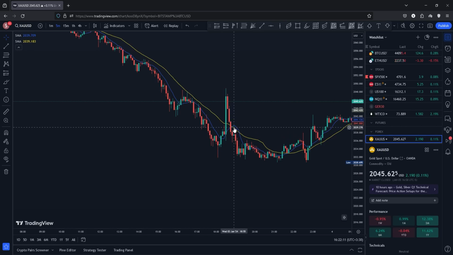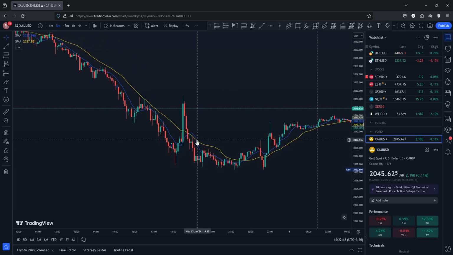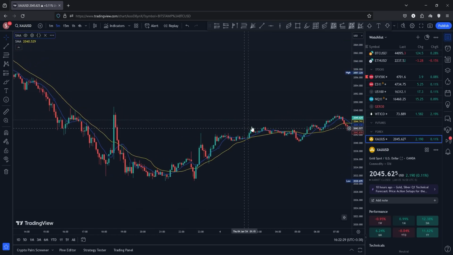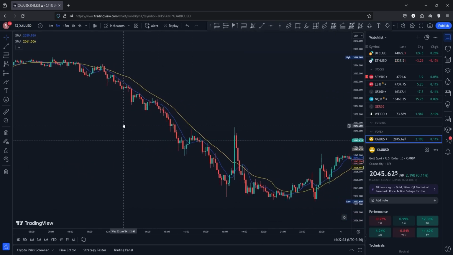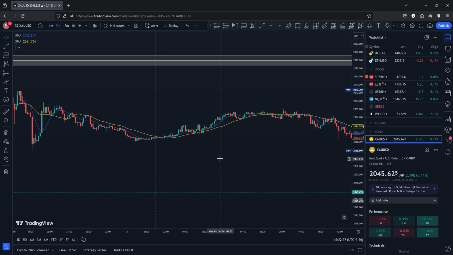If you enter the long position here, you lose. After that, you enter the short position here and lose your trade. After that, if you enter the long position here, it can be a good trade for you.